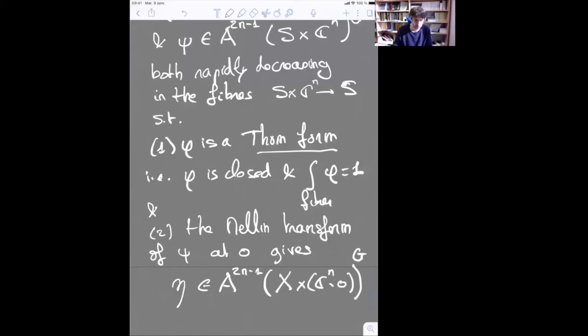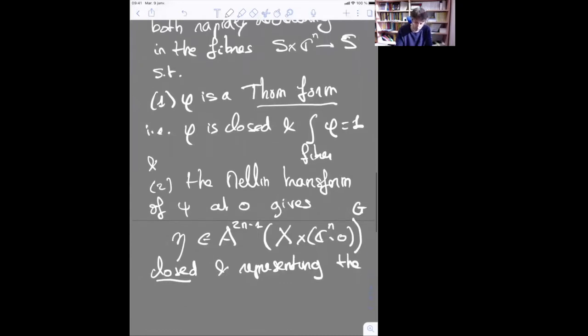It will again be G invariant, closed, and representing the fundamental class of C^n minus 0.